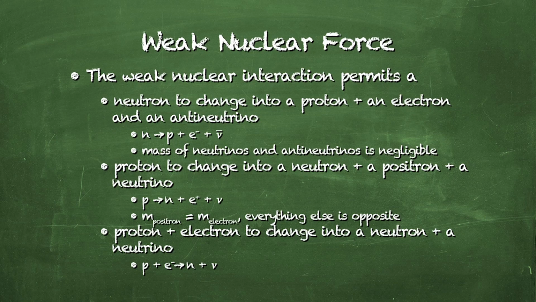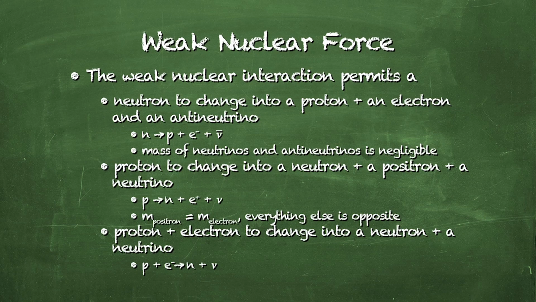So all of those charges added up to 0. So we have 0 charge on both sides. In the second reaction, we have a proton with a charge of 1 becoming a neutron with a charge of 0, a positron with a charge of 1, and a neutrino with a charge of 0.